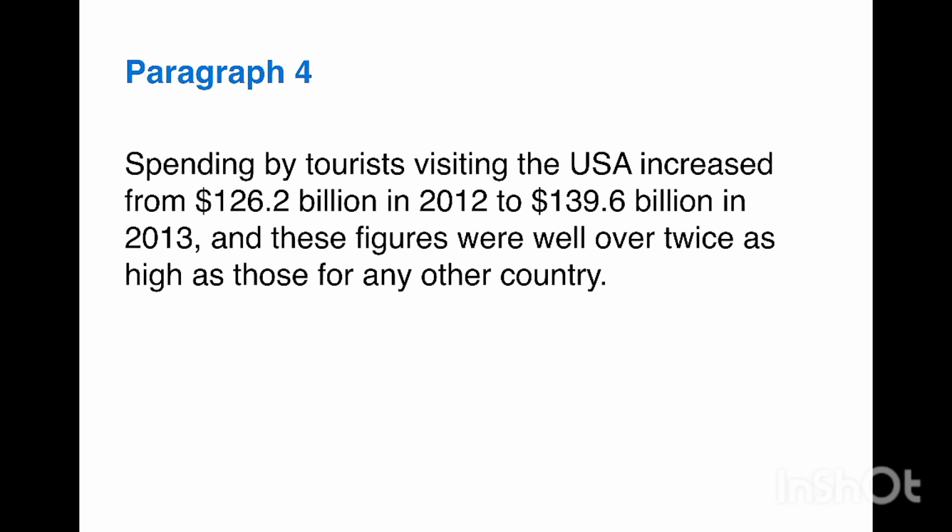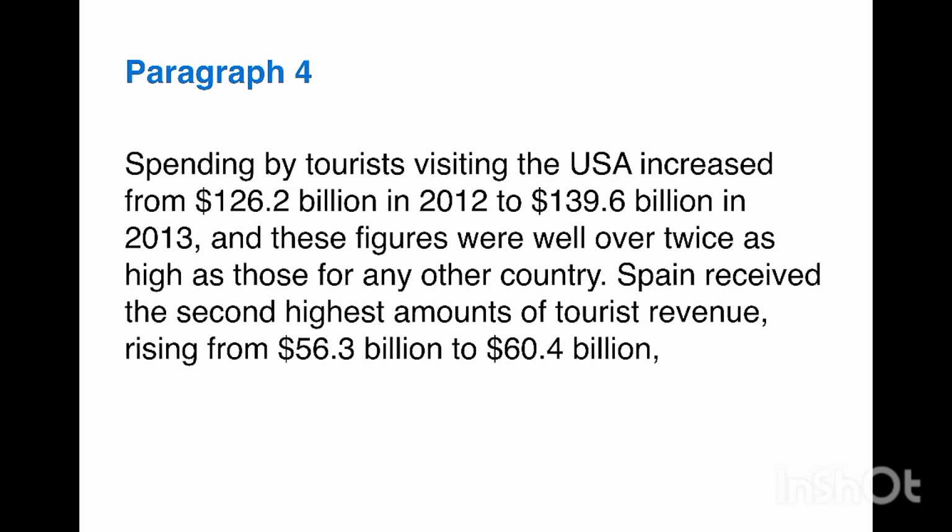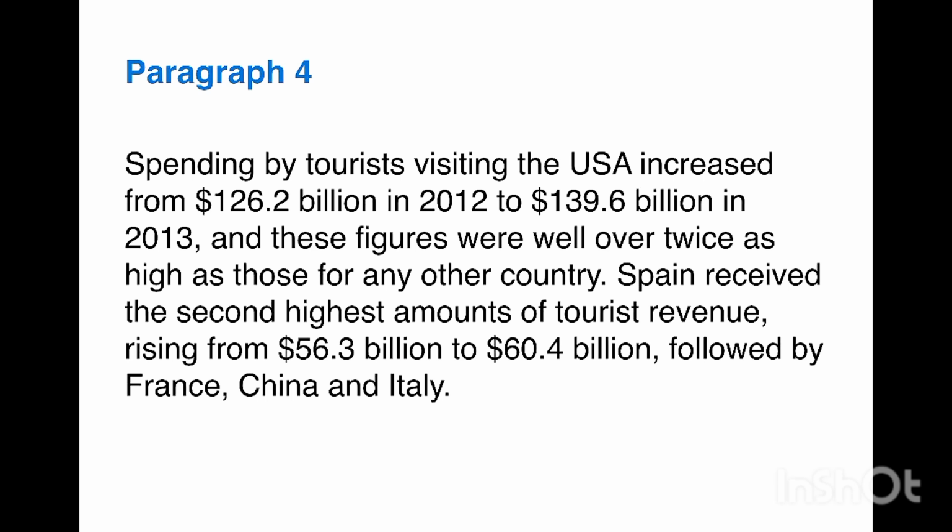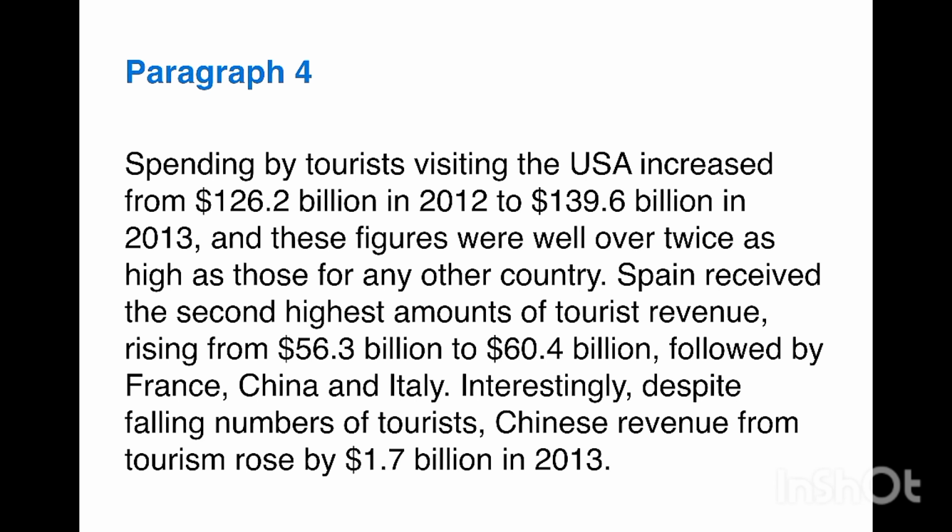Then, Spain received the second highest amounts of tourist revenue, rising from $56.3 billion to $60.4 billion, followed by France, China and Italy. Final sentence. Interestingly, despite falling numbers of tourists, Chinese revenue from tourism rose by $1.7 billion in 2013.